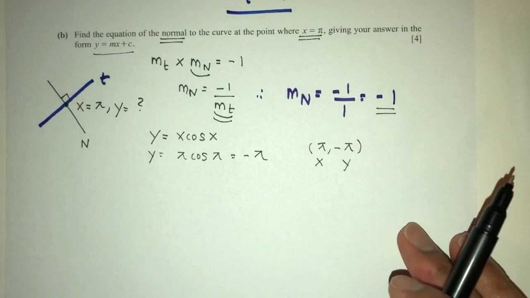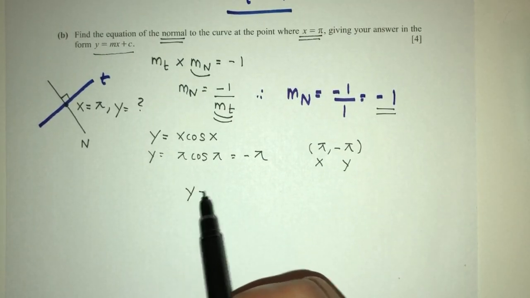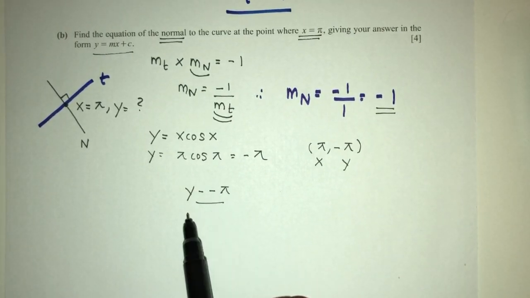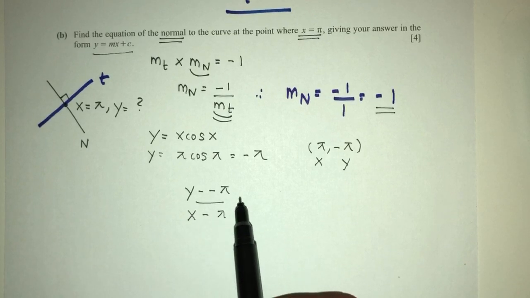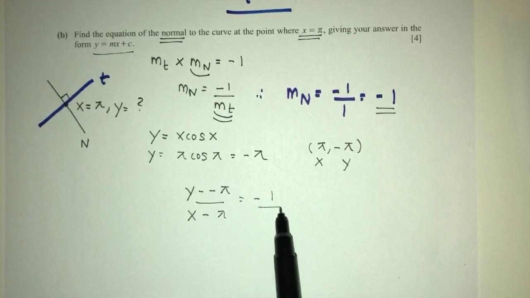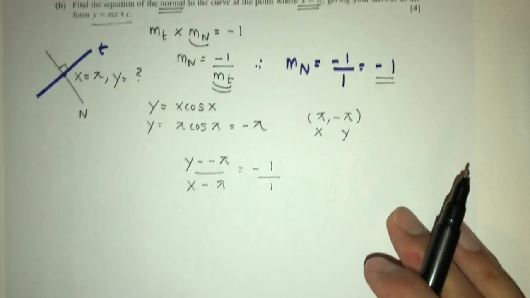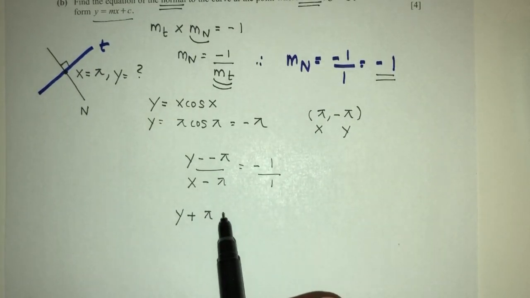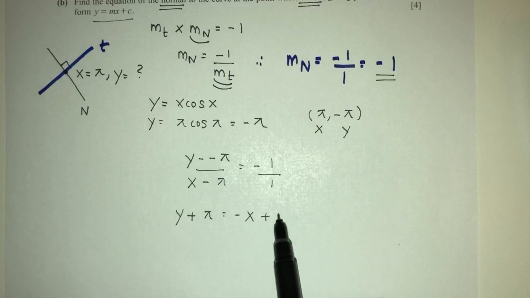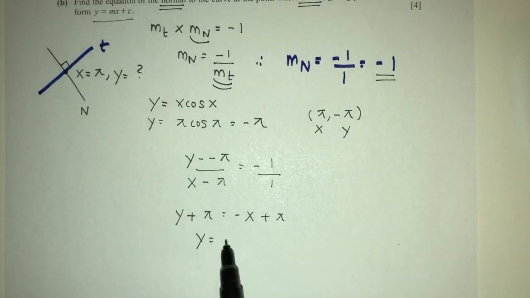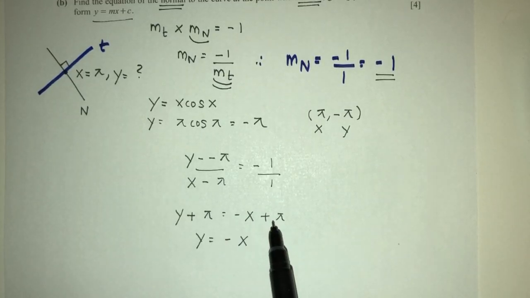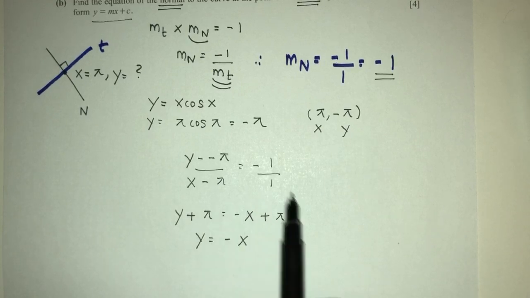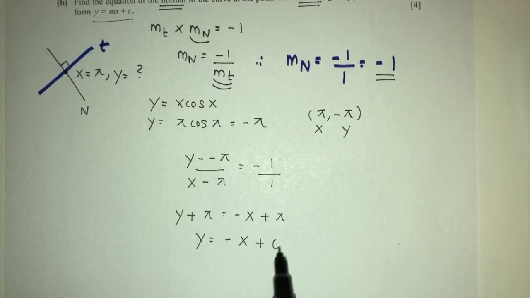So let's do that. y minus minus pi over x minus pi will be equal to the gradient. Now cross multiply. y plus pi equals minus x plus pi. So y will be minus x, and when you send this over, it will go away, plus 0.